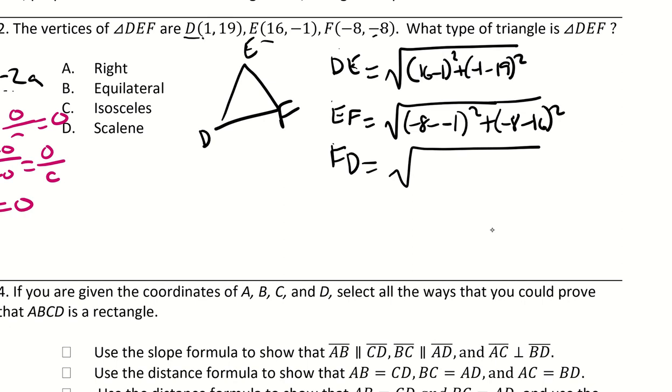So F and D. So negative 8 minus, hold on a second. I did the y coordinates first, but it doesn't really matter if you do y coordinates or x coordinates first. It doesn't, just so you know. But I like to do the x coordinates. I'm not sure why I did y coordinates here first, but it doesn't matter. It's still the same thing. So negative 8 minus 1 squared and negative 8 minus 19 squared.